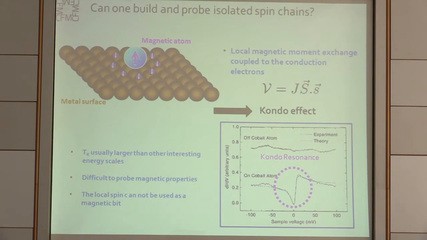So to this difficulty, there are also additional consequences, and the main consequence, I would say, related to possible applications, is that this screening makes the magnetic atoms or the magnetic moment useless from a practical point of view, since it will disappear. One cannot use this magnetic moment anymore as a magnetic bit.